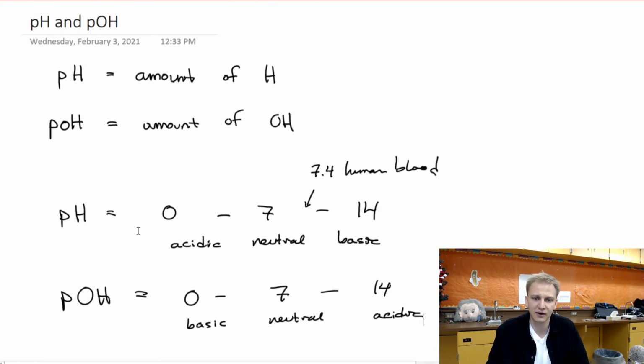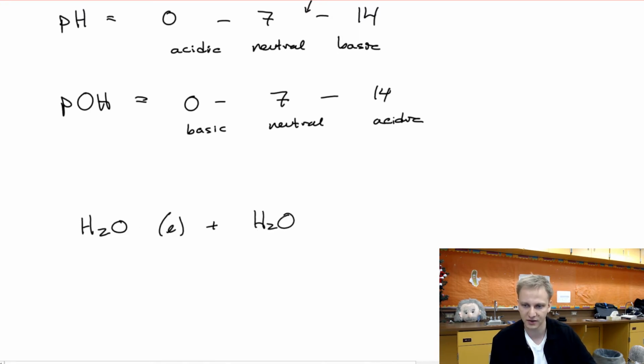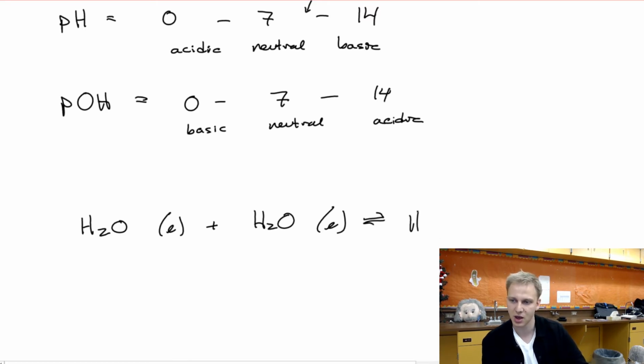And so out of that, from pH and pOH, there's a couple formulas that we can use. All of this stems from this idea that if you have a solution of water, if you have a solution of H2O sitting around at any given point in time, it can perform this reaction where we end up with H3O+ and we end up with an OH- aqueous.